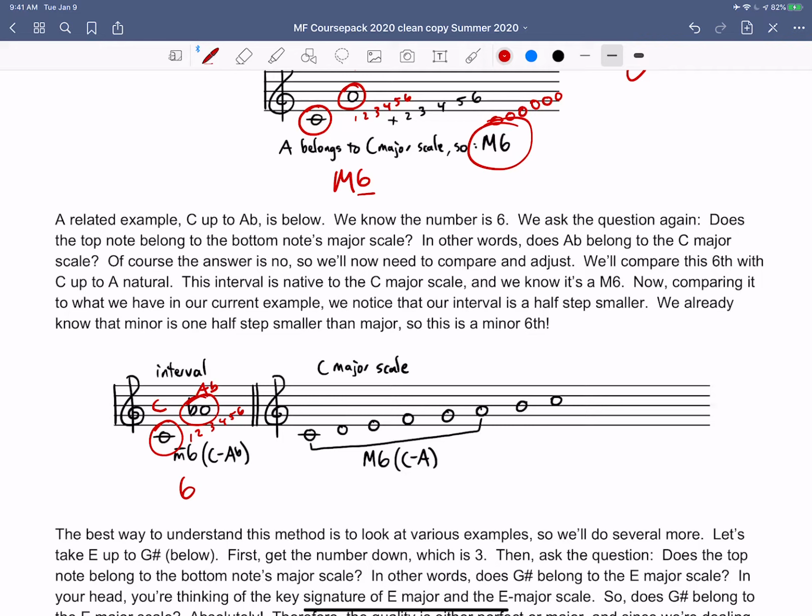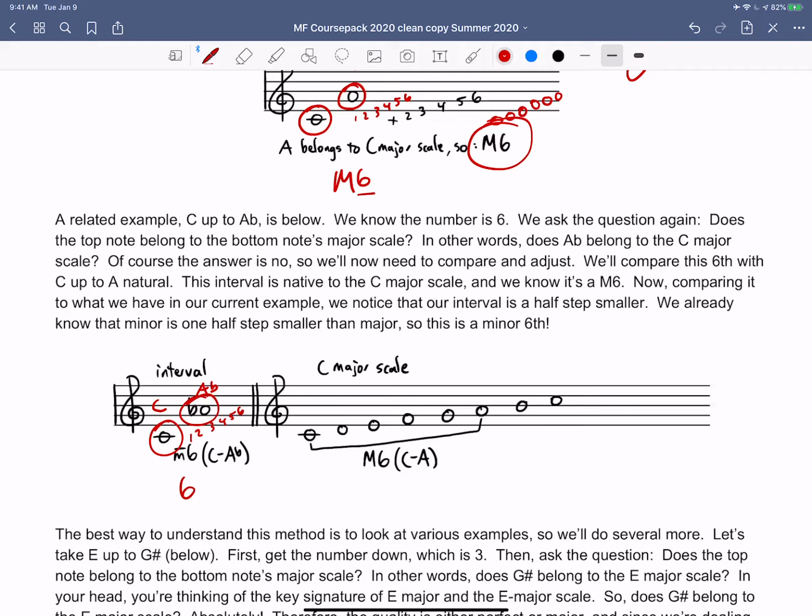Now we're going to get into that process of comparing and adjusting. So let's compare it to the sixth that is in the C major scale. In a C major scale, of course, you have C, D, E, F, G, A, B, C. From C to A, that's what we're going to compare it to. Does A belong to the C major scale? Well, of course it does, right? In fact, we figured that out in the last example. It is a major sixth from C to regular A. Now let's go back to the real world problem, which was C to A flat. So let's compare.